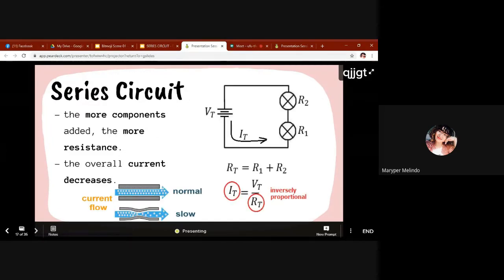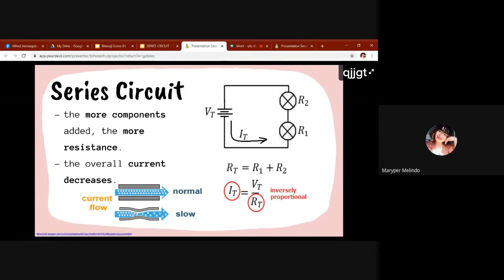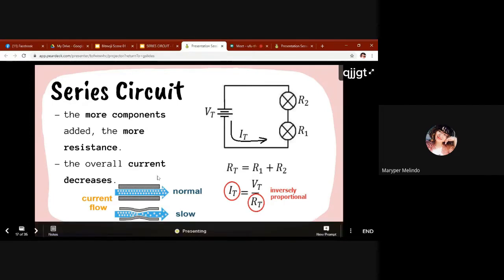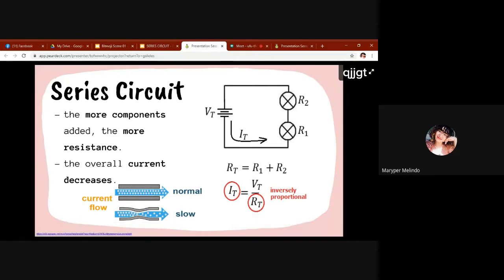The more components added. When we say component, that is a device that could be a bulb. When we add more devices in the series circuit, what happened is that the more resistance. So the resistance increases also.